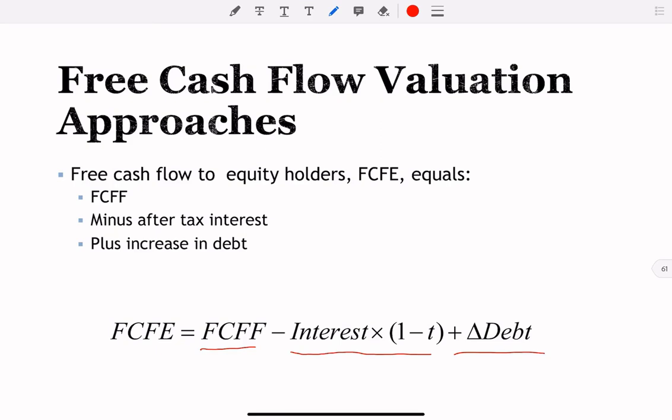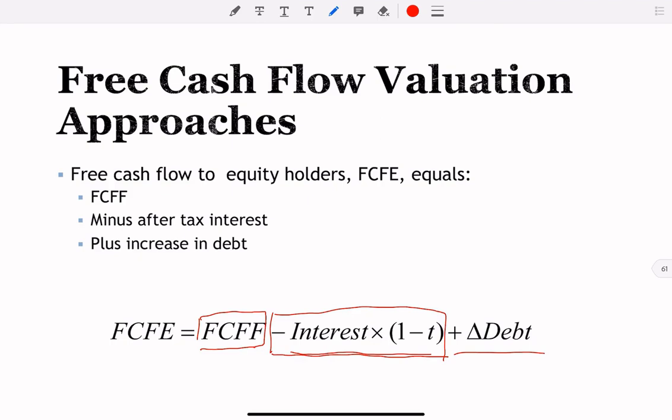So basically the free cash flow to the firm gives you the cash flow to both equity holders and debt holders. Now you would subtract the interest, right? Remember that interest payment is essentially the payout to debt holders.